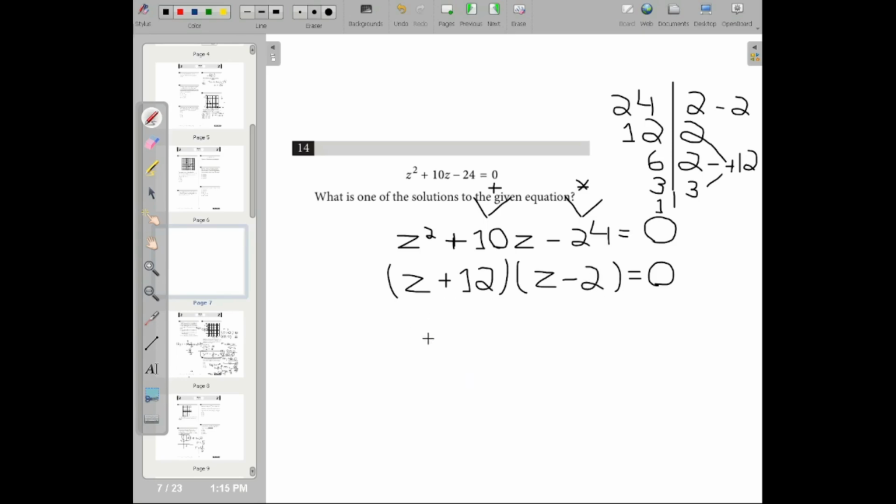So now we can find our solutions. C plus 12 is equal to 0, and our other solution, C minus 2, is equal to 0. From here we could say C will be equal to minus 12.